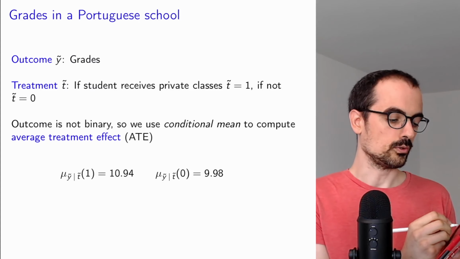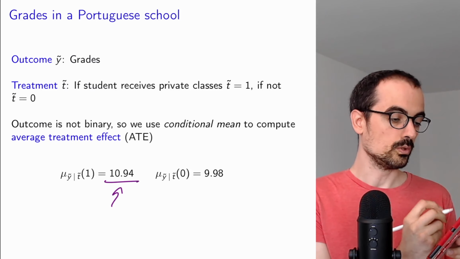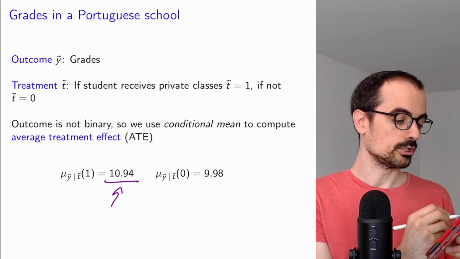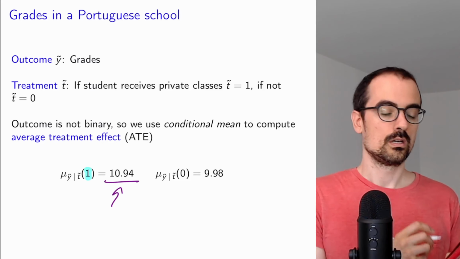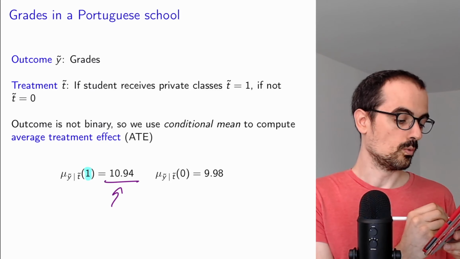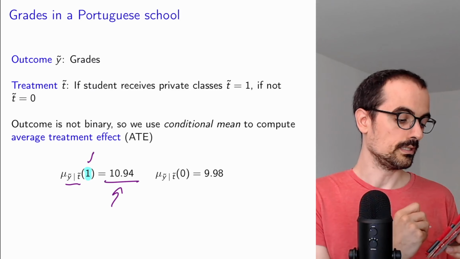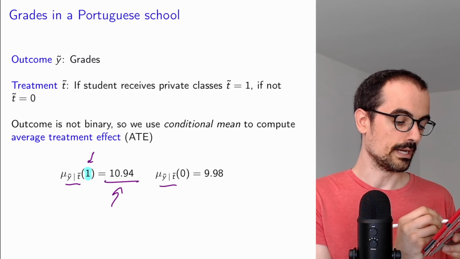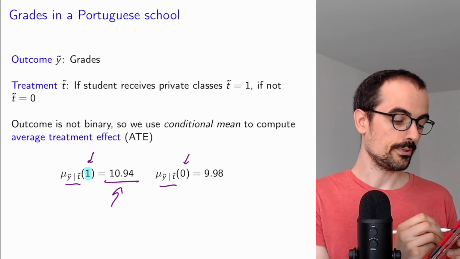So here we see the two conditional averages. These are the conditional averages of the grades when t is equal to 1. Remember our notation for the conditional mean. This is the conditional mean of y given t when t is equal to 1, and this is the conditional mean of y given t when t is equal to 0.